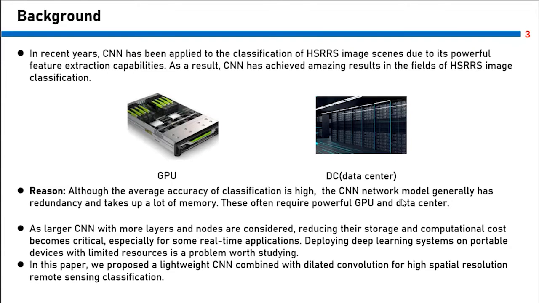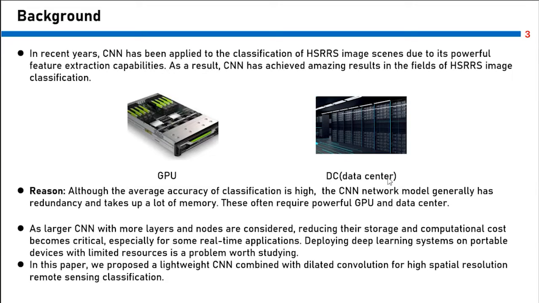In recent years, CNN has been applied to the classification of HSRS imagery due to its powerful feature extraction capabilities. As a result, CNN has achieved amazing results in the field of HSRS imagery classification.